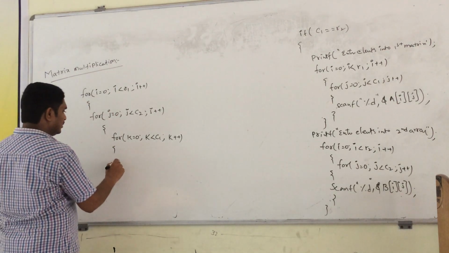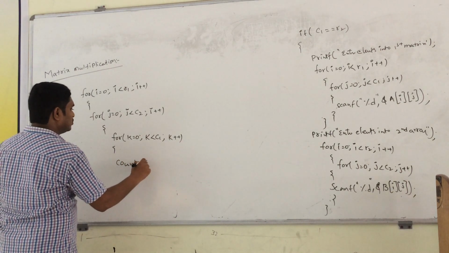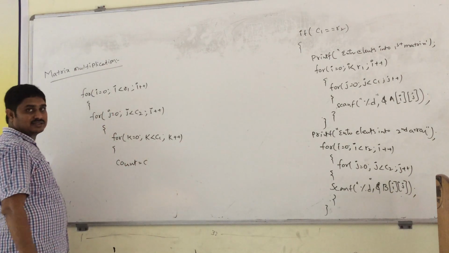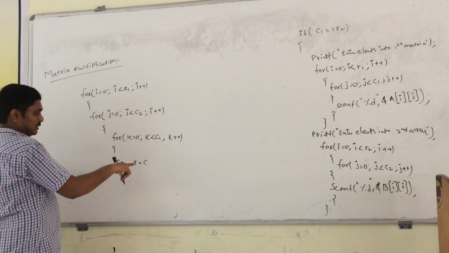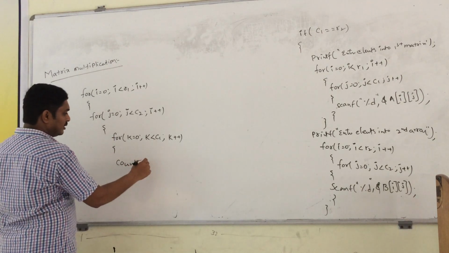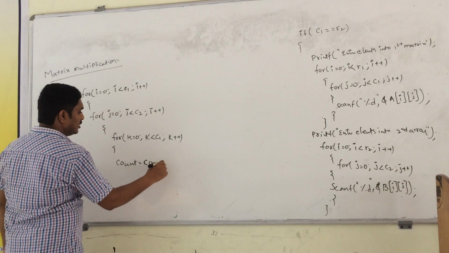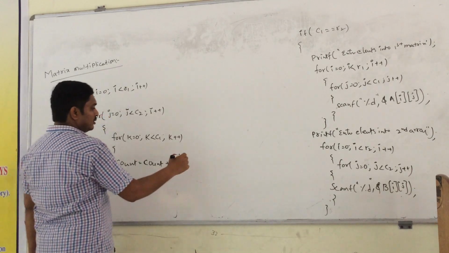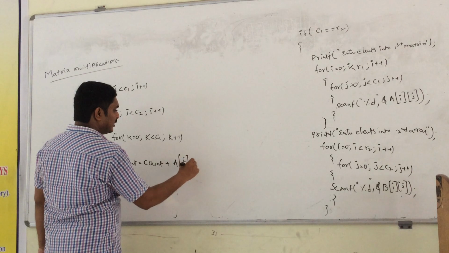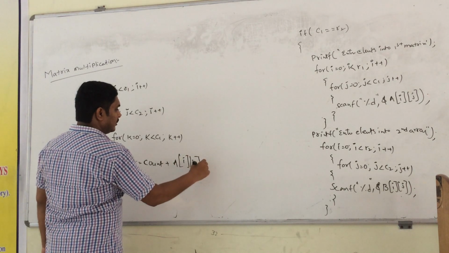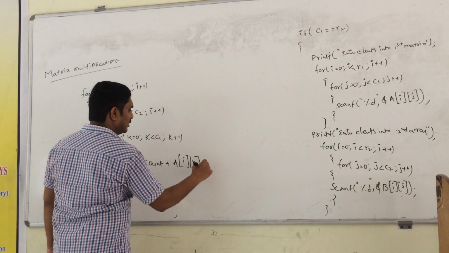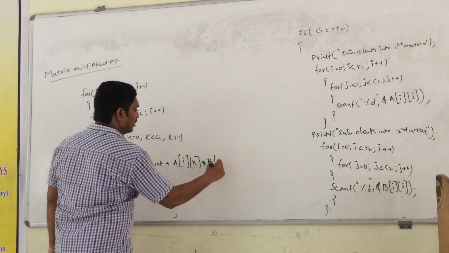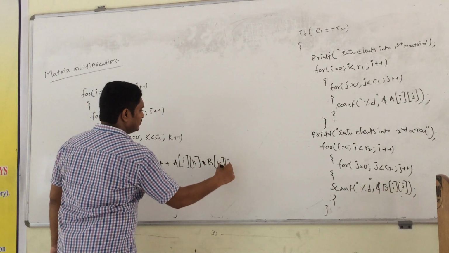Then in that, count equals, initially we take count equals 0. Then count is equal to count plus matrix A of ik asterisk B of kj.